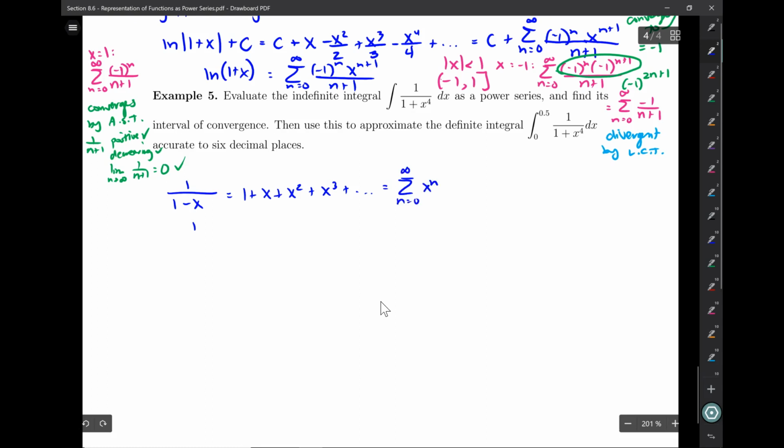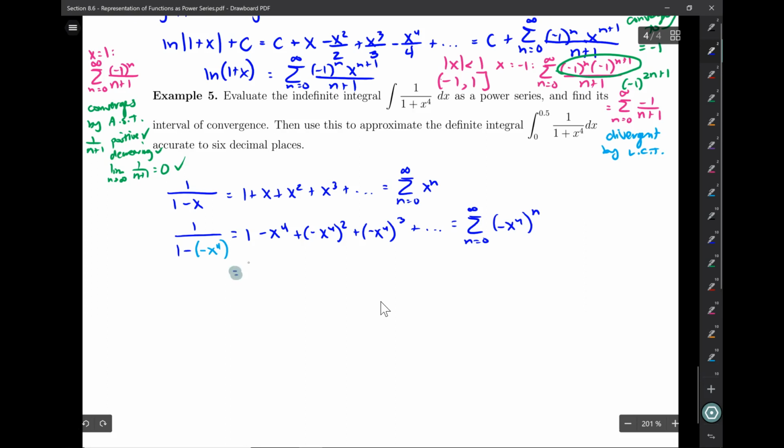And then we're going to replace x with, in this case, a negative x to the 4th, so that we end up getting 1 over 1 plus x to the 4th. Okay, I think we're probably past the need for additional colors here, so I'm just going to roll with it. Negative x to the 4th squared, negative x to the 4th cubed, dot, dot, dot. Then this would be negative x to the 4th to the n.